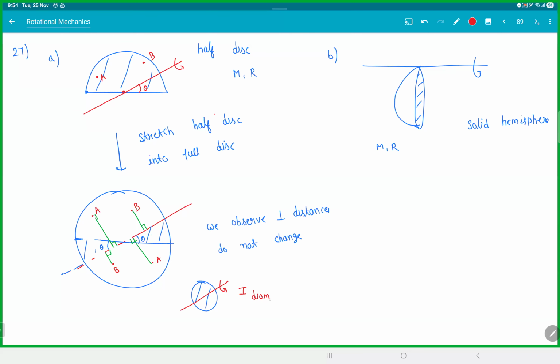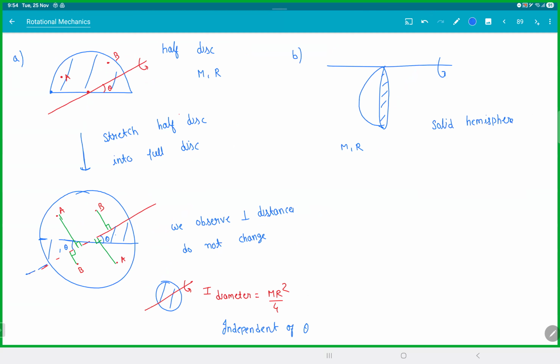And this result we already know, MR squared by 4, independent of theta. What Arya said was also good. He's saying take this piece here and put it here. Now this becomes a beautiful half disk which is passing through the diameter. You can say it will be equal. That is also good. Whichever you are convenient with. This is independent of theta.